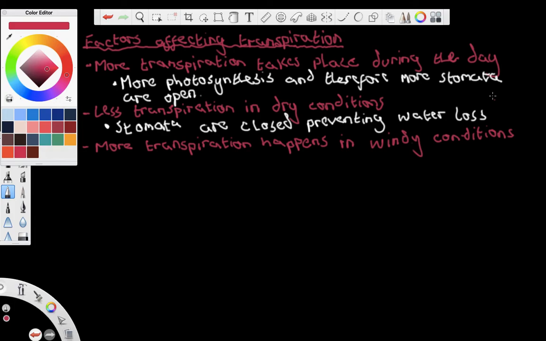Now, the reason this happens is because water molecules are blown away from the outside of the leaf. So there's a bigger concentration difference. I know I don't like talking about concentration difference when we talk about water, but the more water that's blown away from the outside of the leaf, the bigger the difference in water molecules inside the leaf and outside the leaf.